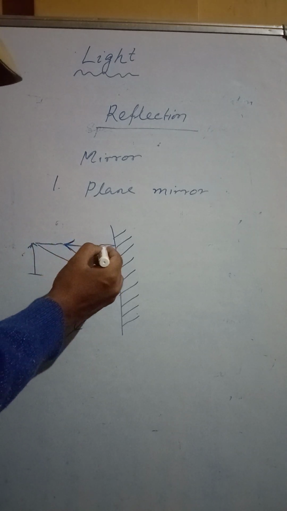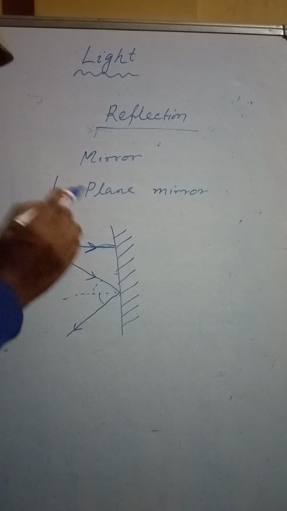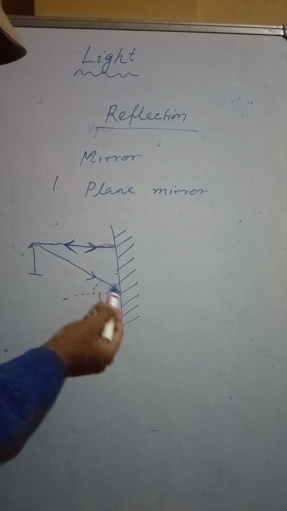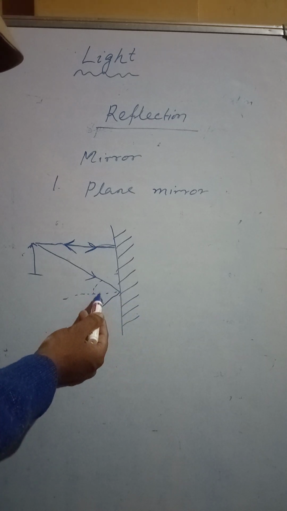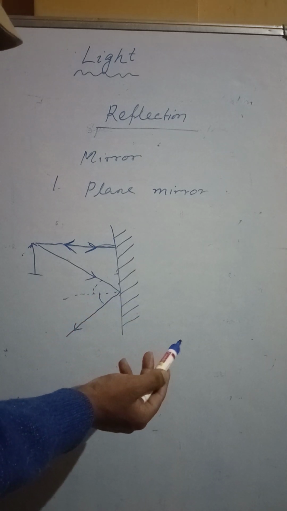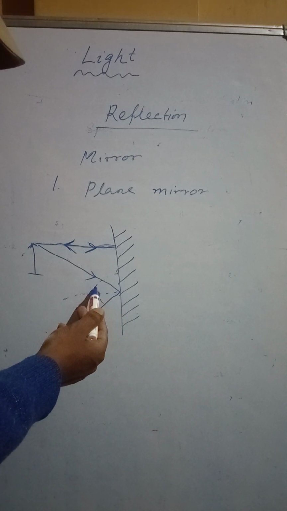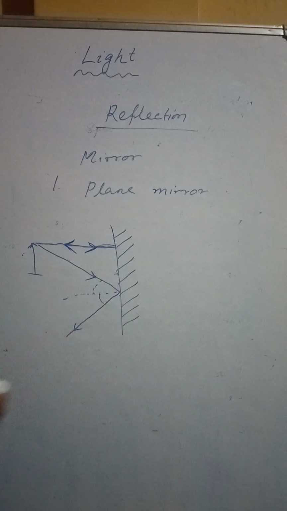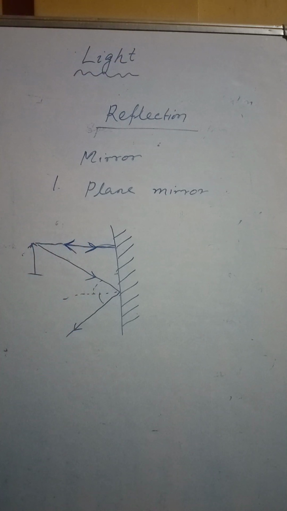Here the angle of incidence will be around 20 or 25 degrees, and the angle of reflection will be the same. Whatever the angle of incidence, the angle of reflection will be the same.